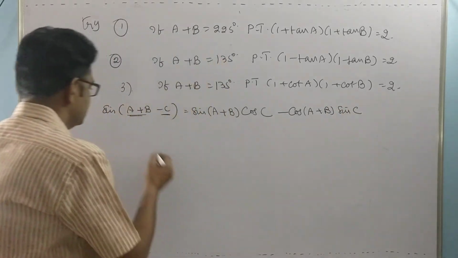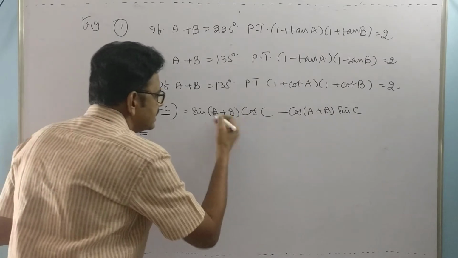Okay, and that is equal to, again you write the expansion of sin of A plus B form.